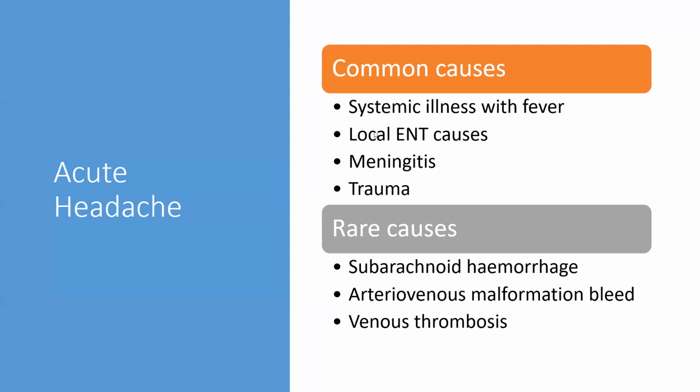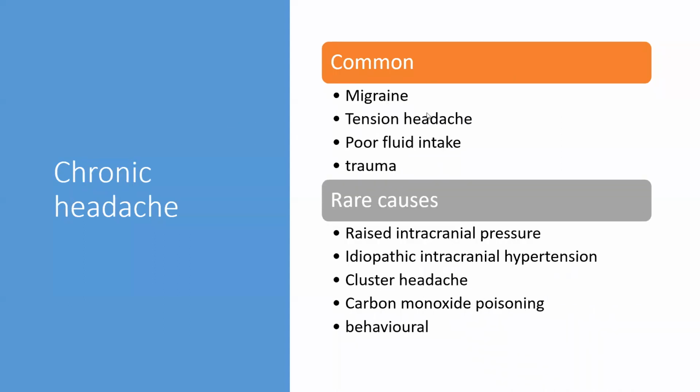Okay, how about the chronic headache? Now I think you all know what the common causes of chronic headache are. What are they? Stress and tension. So tension type headache is one of the things, and migraine, absolutely. Yes, definitely. They are the common causes of chronic headache. Migraine, tension type headache, wonderful.